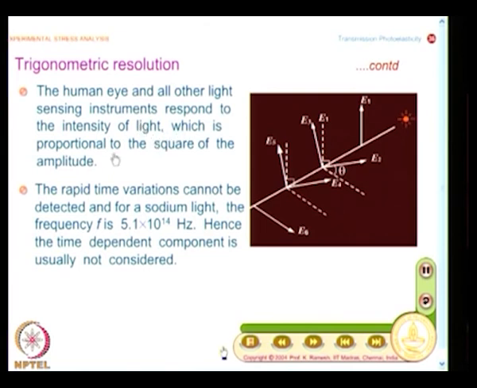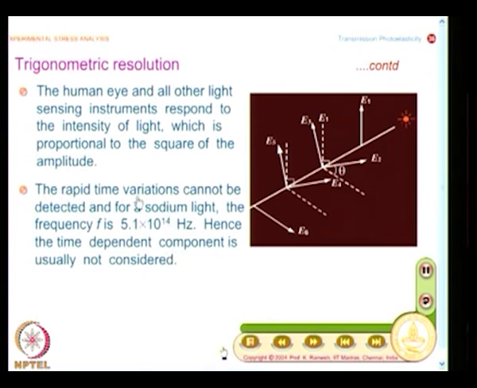The intensity is proportional to the square of the amplitude, and this is a point to clarify.